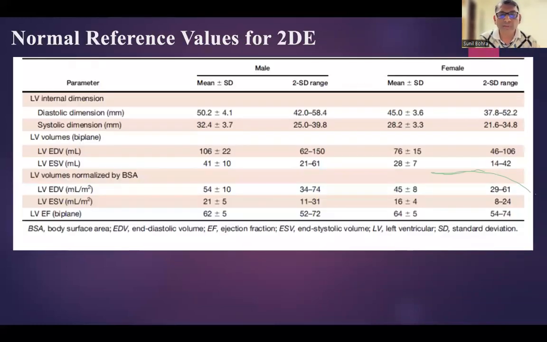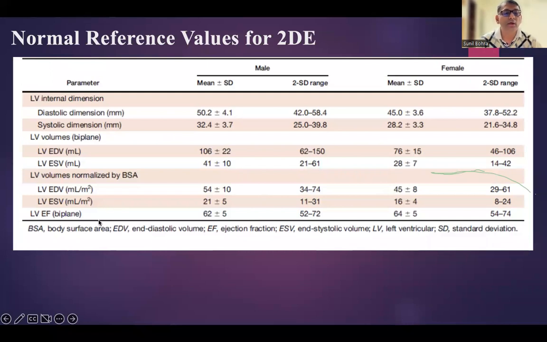So the normal reference values for the 2D echo derived parameters are different in male and female. The internal dimension in end diastole has a mean cutoff of 50 millimeters for men and 45 millimeters for women.